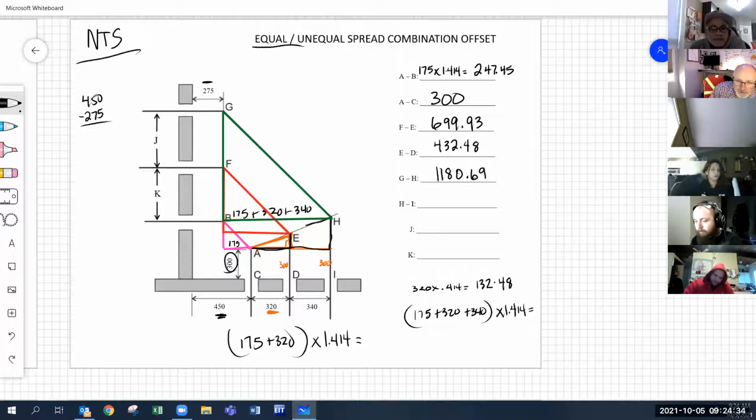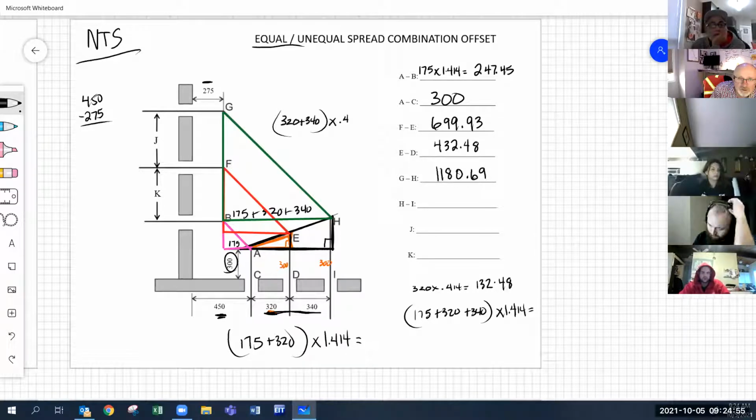And now I'm just going to make a bigger 45-degree right angle triangle in here. And there it is. So now my run is 320 plus 340 on this triangle. So 320 plus 340, bracket, times 0.414. And that would give me this measurement right in here.